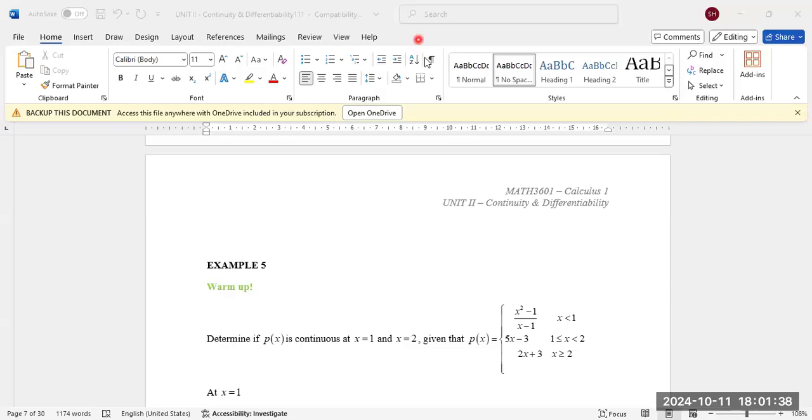I'm working on it, but I found something interesting at x equal 1. The denominator is 0 and it's a math error. It's undefined. Undefined, that's the word.